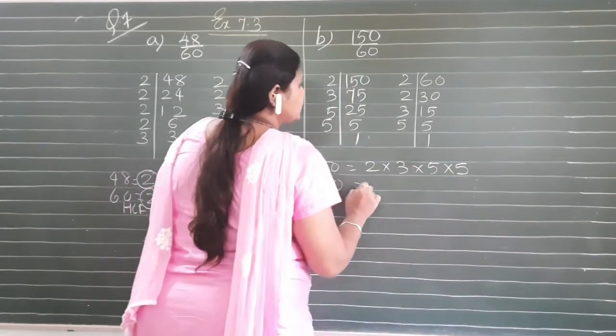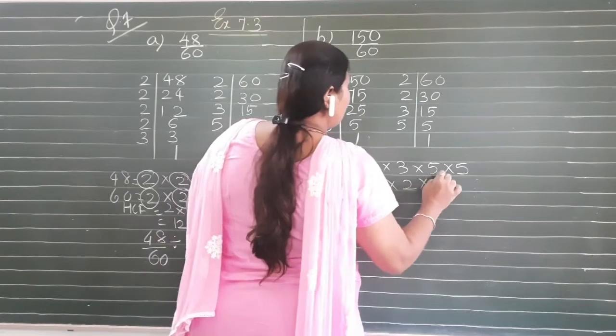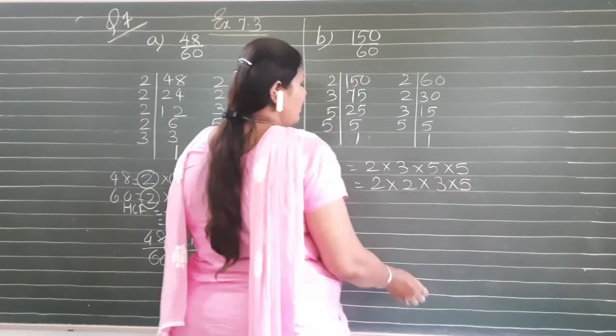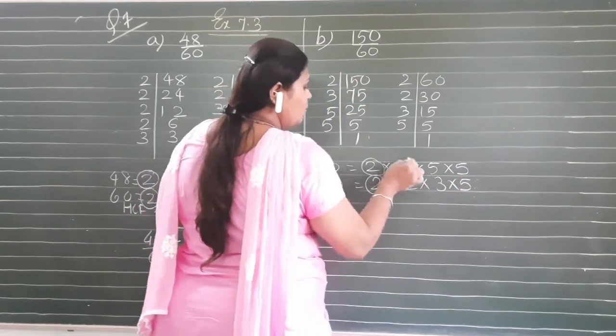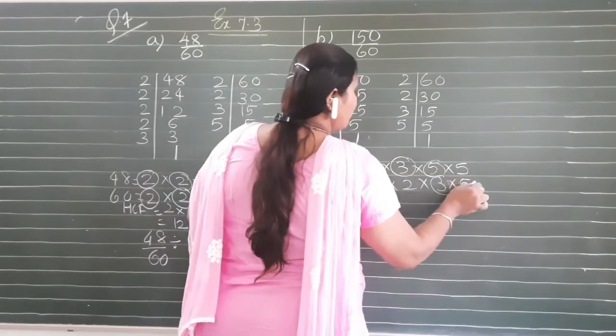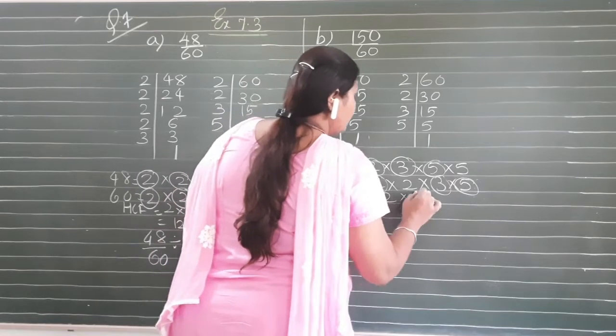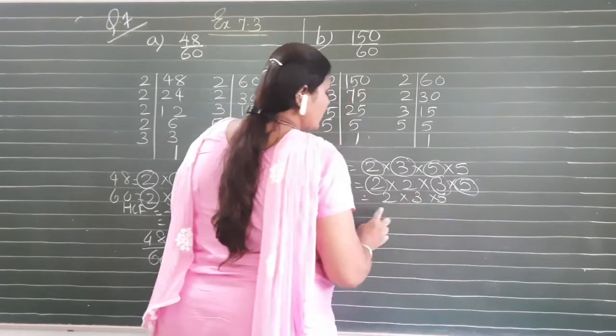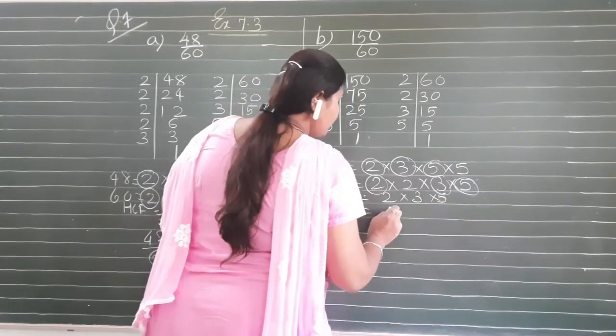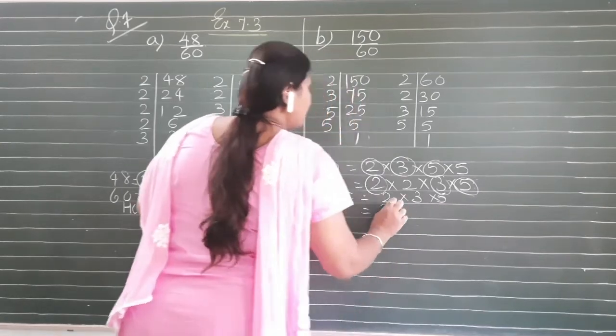Prime factors of 60: 2 into 2 into 3 into 5. Common factors: 2, 2; 3, 3; 5, 5. So the HCF is 2 into 3 into 5. 2 3s are 6 and 6 5s are 30.